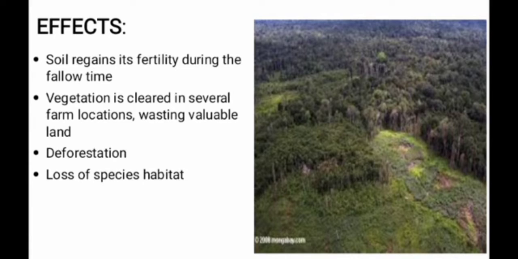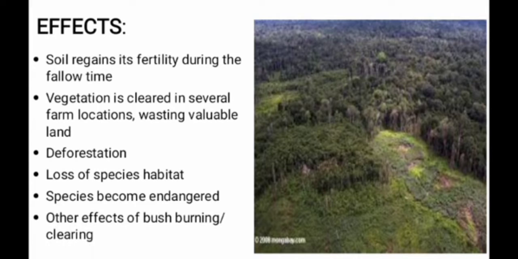Another one is loss of species habitats. Another one is species become endangered because their habitat has been destroyed. Last one is other effects of bush burning and clearing are also applicable to this particular farming system.